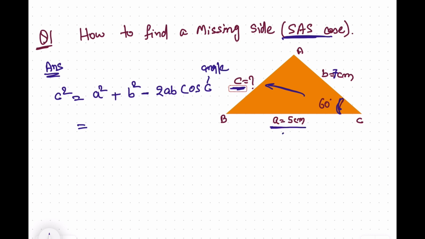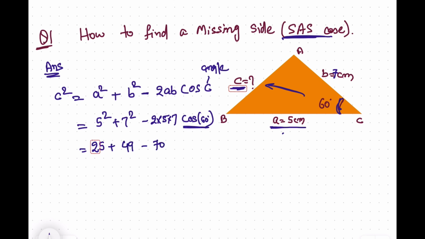Now let's put in the values. a is 5 squared, this is 7 squared, minus 2 times 5 times 7 cos 60 degrees.